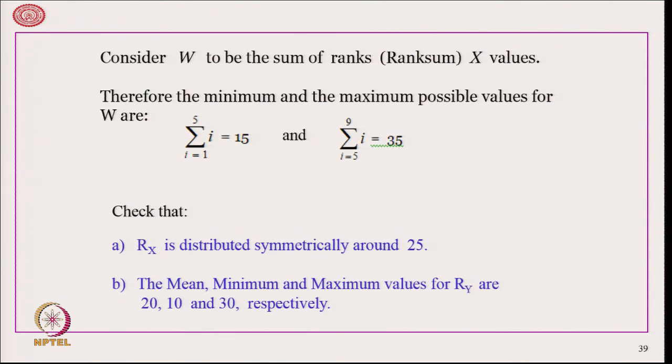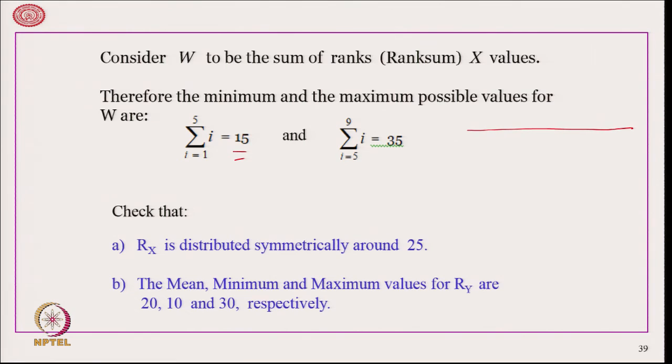Now, let us observe a few interesting things: when there are 9 observations, 5 of them are from x and 4 of them are from y, then the minimum value of R x is equal to 15. Because if there are 9 observations, the minimum value the sum of ranks will get is if the first 5 of them are from x, and therefore, their ranks are going to be 1 plus 2 plus 3 plus 4 plus 5, which is equal to 15.